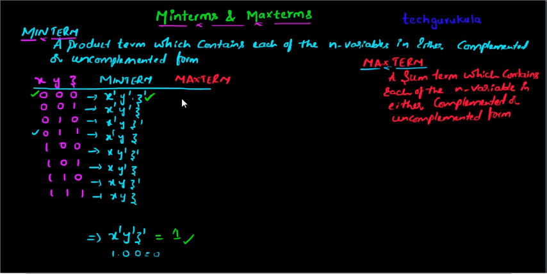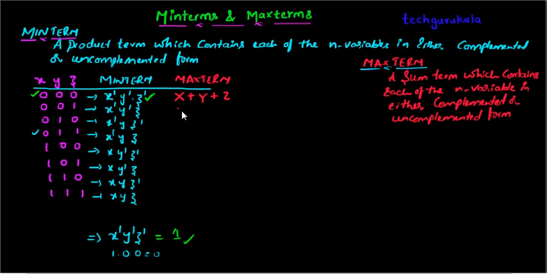But to have a distinction, we will take capital letters for these variables. So I write the same variable X if it is 0, plus, since it was dot in minterms and here it's plus. So X plus Y plus Z.